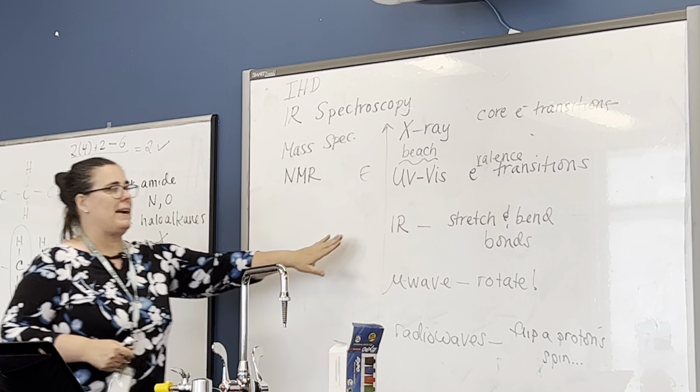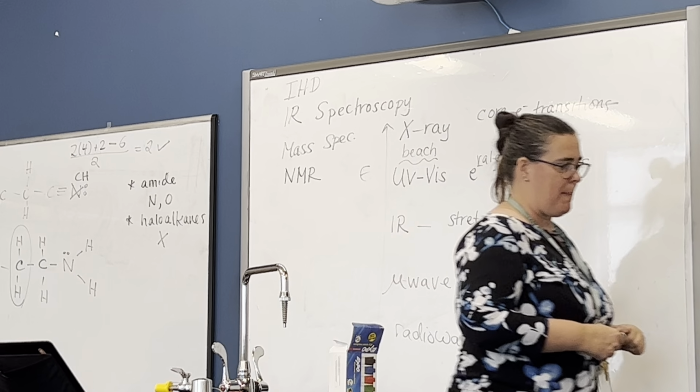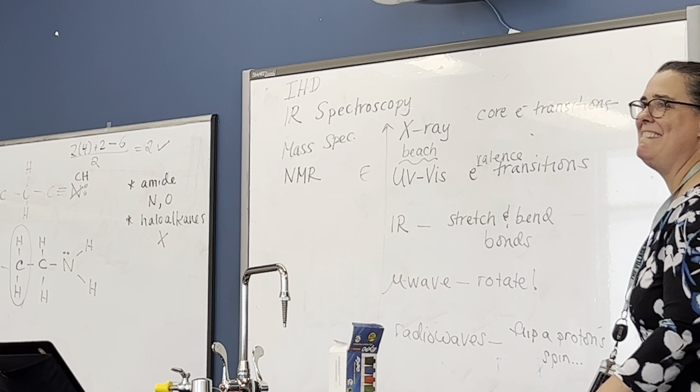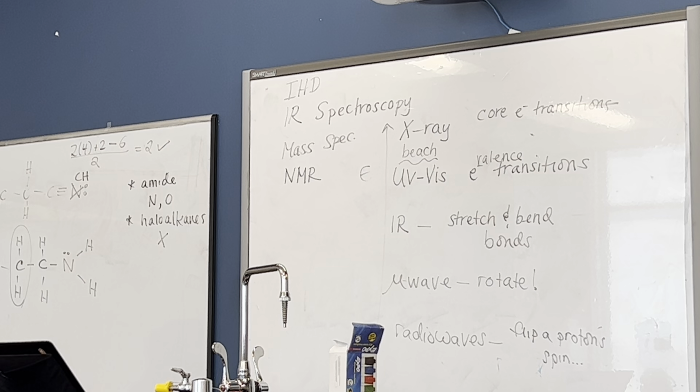Okay, so we're gonna go back to infrared and we're gonna look at stretching and bending bonds. As Quinn well knows, our token physicist, we're gonna model bonds as springs.